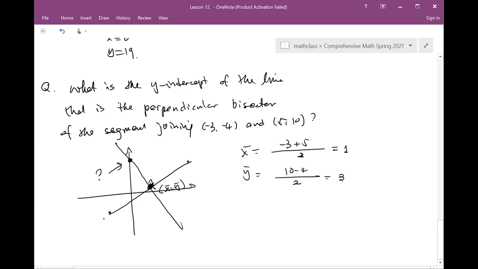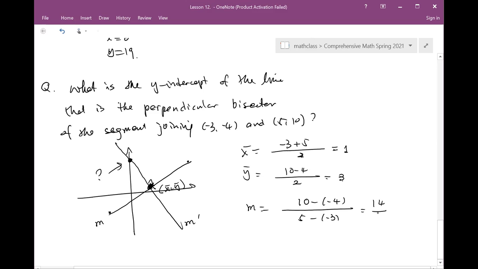Then you also have to find the slope. Those 2 lines are perpendicular. The slope for the line segment is going to be the difference of the y coordinates, 10 minus -4, over 5 minus -3.